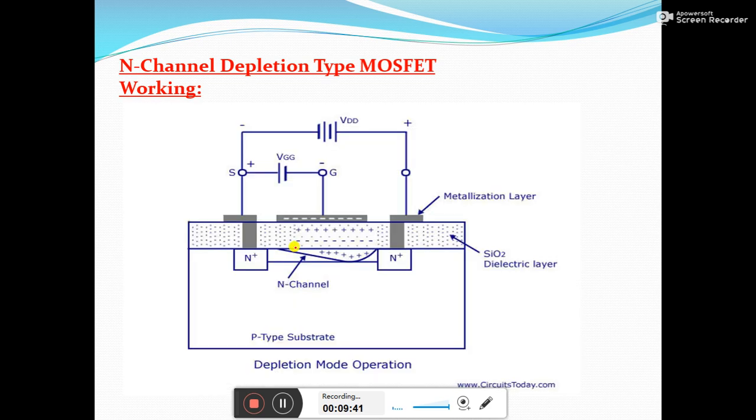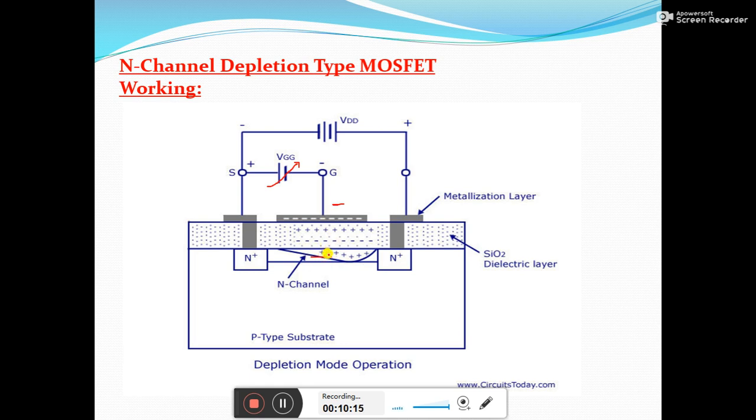Here the VDS is kept constant and VGS is made negative with respect to the source, or you can say the gate is made negative with respect to source. So if you apply a negative gate voltage, since the gate is at a negative potential, this will repel the conduction electrons from the channel, because the electrons are negatively charged and the gate is also negatively charged.